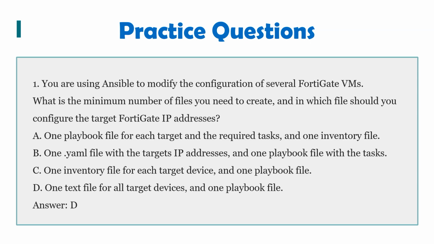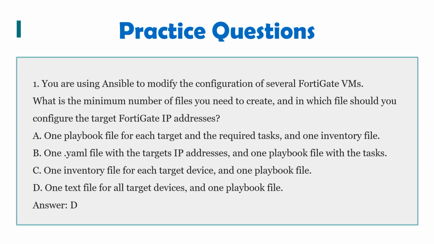1. You are using Ansible to modify the configuration of several FortiGate VMs. What is the minimum number of files you need to create, and in which file should you configure the target FortiGate IP addresses? A. One playbook file for each target and the required tasks, and one inventory file.